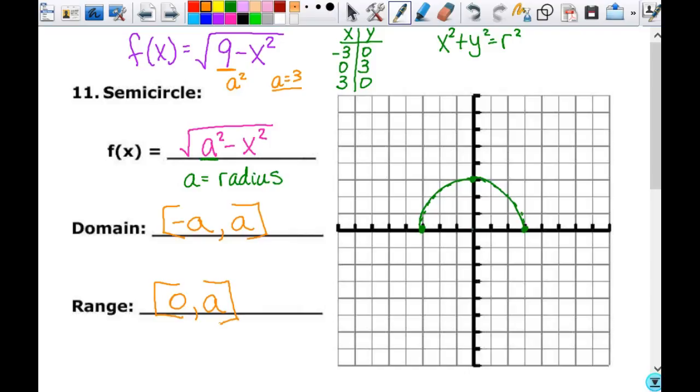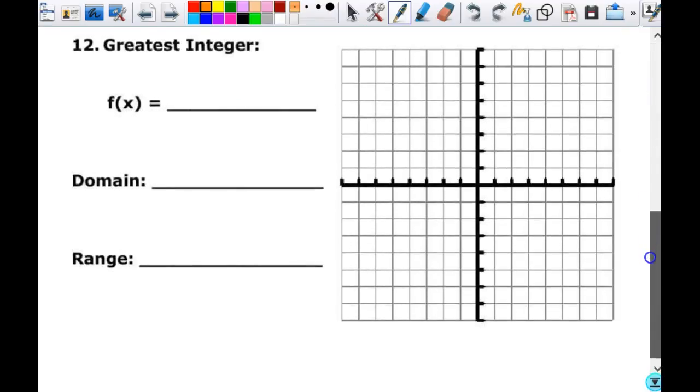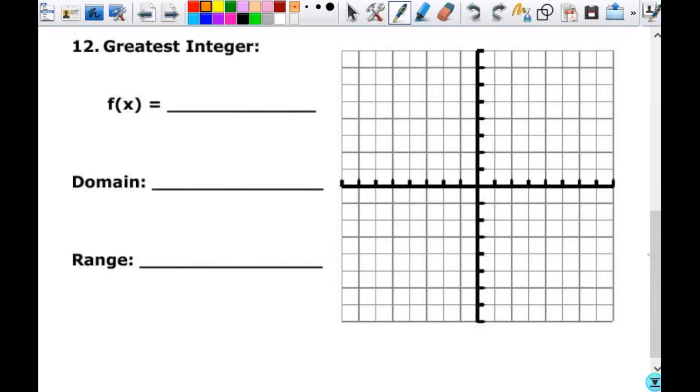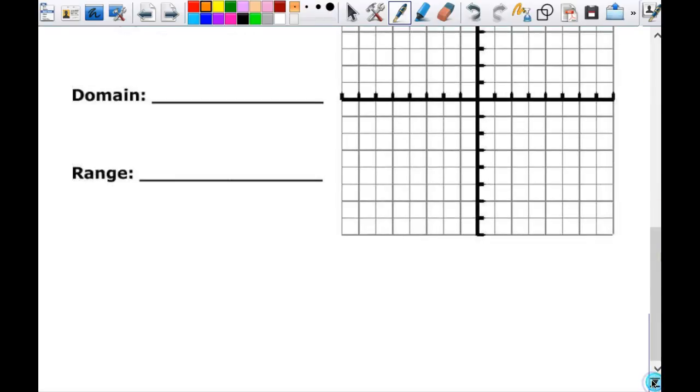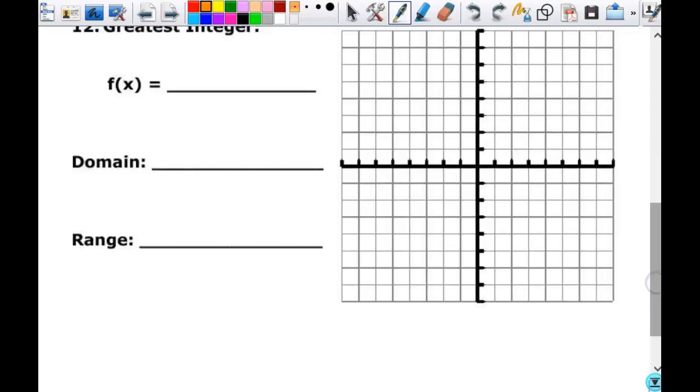All right. So let's look at the greatest integer. That one's new to you also, right? So your greatest integer function looks like this. It's x inside brackets, but the bracket has an extra line in it like that.